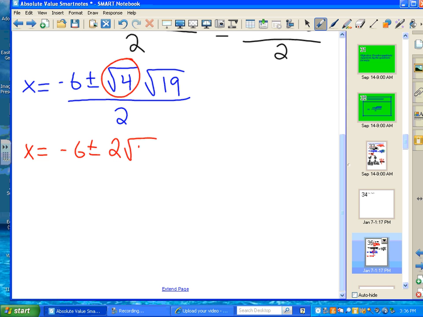Let's actually simplify first. If you see this negative 6 divided by 2, we can divide that. And this 2 divided by 2, so let's actually divide those first, then we'll split them up into two separate problems. So what I mean here is negative 6 divided by 2 is negative 3. Okay, so simplify that. Plus or minus, 2 divided by 2 is 1.